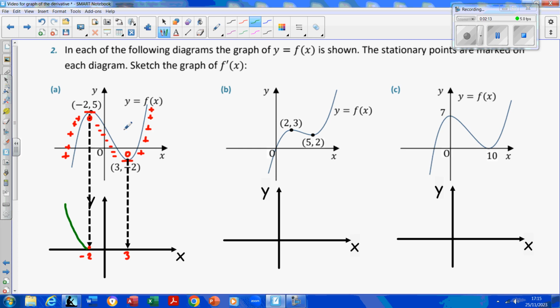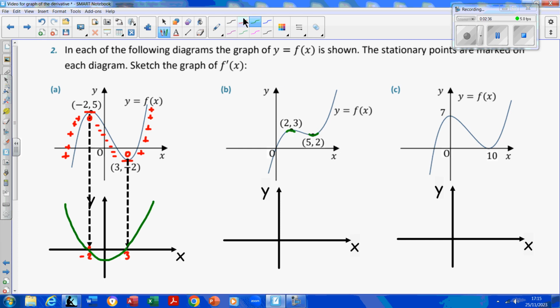Then in between those two dotted lines, it's falling, so it's below the axis, but it's got to get back up to 0 at 3. And then after that line, it's above the axis, and that's the graph of y is equal to f dash x.